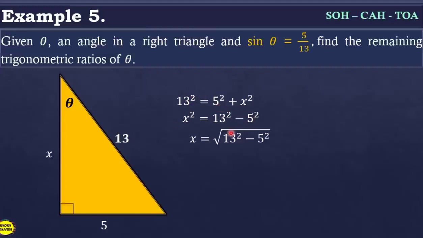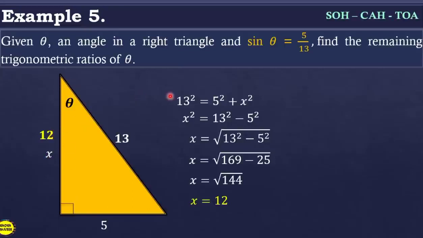By taking the square root of both sides, x is equal to the square root of 13 squared minus 5 squared. 13 squared is 169, minus 5 squared, which is 25. Subtracting 25 from 169, we get 144. The square root of 144 is 12. Therefore, the value of x is 12, so the measure of this side is 12.